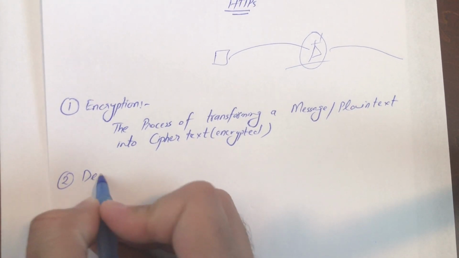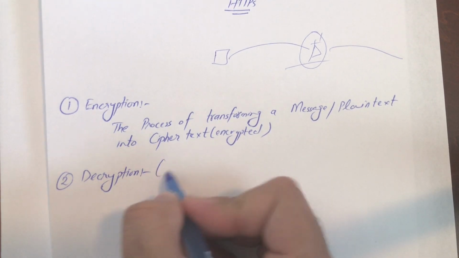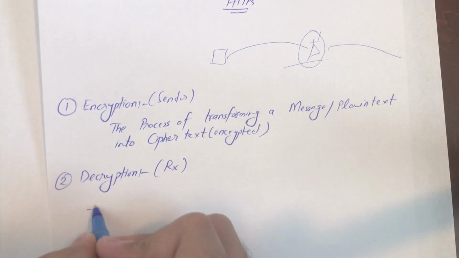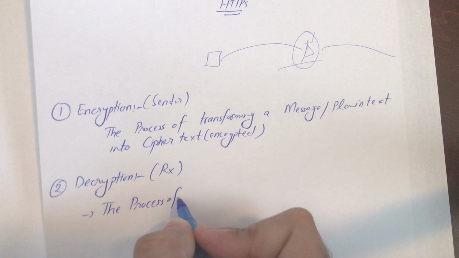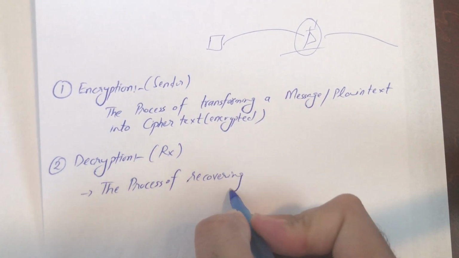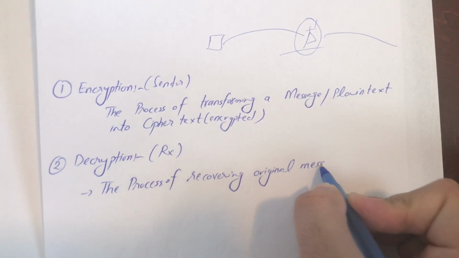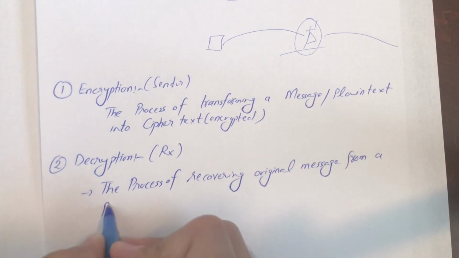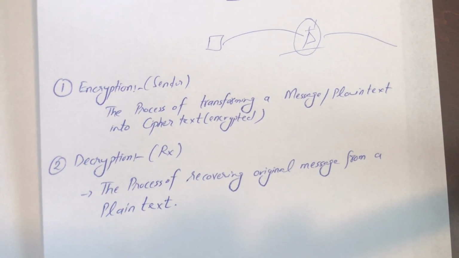Second is decryption. Decryption is the reverse process which we do at the receiver side. This is at the sender side. So the process of retrieving or recovering the original message from the ciphertext is called the decryption process.